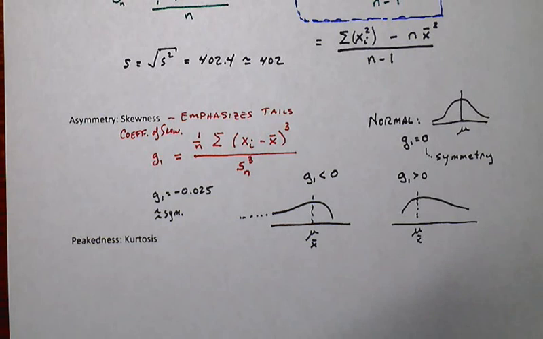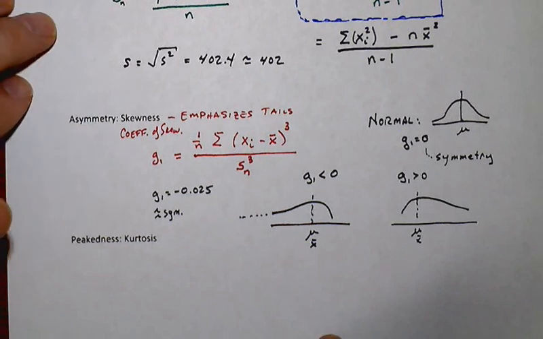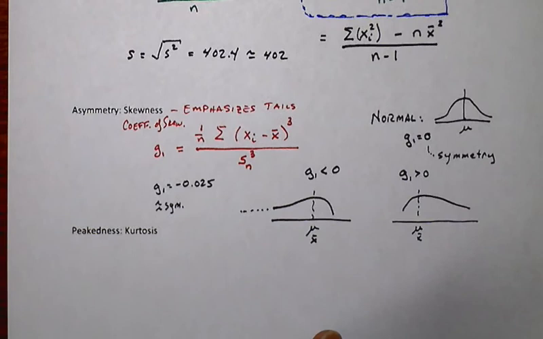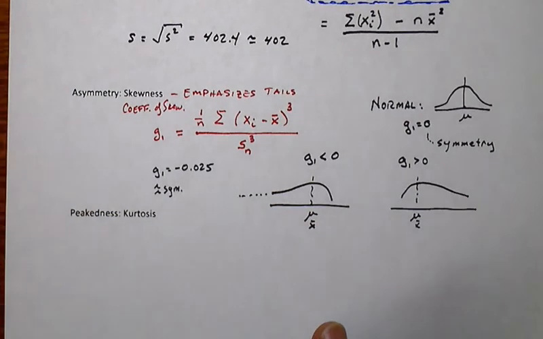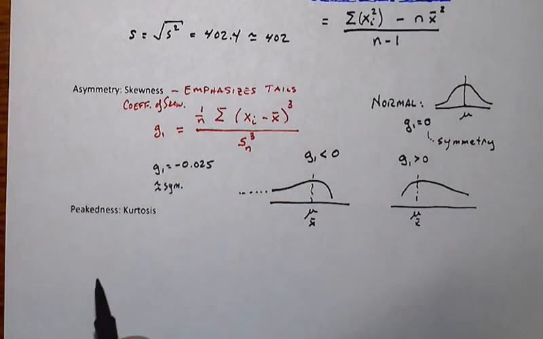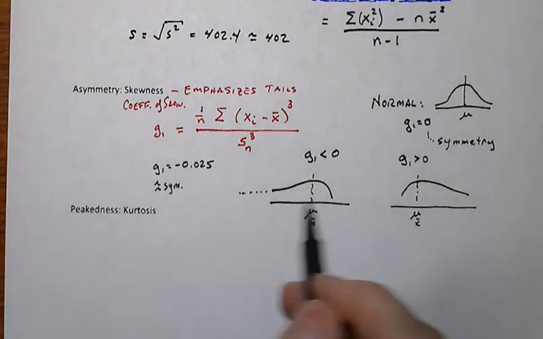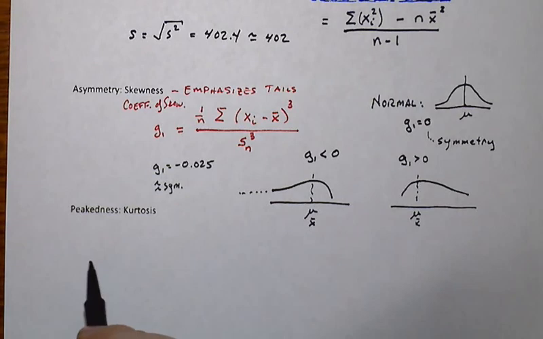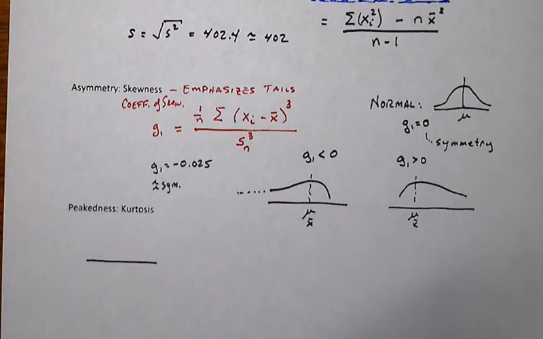Okay. One last measure here to talk about in terms of a quantitative summary measure, and that's the idea of the peakedness of the distribution. And here we're just going to go straight to graphs like we have here to illustrate. We'll go back to a normal distribution where we have a single peak.